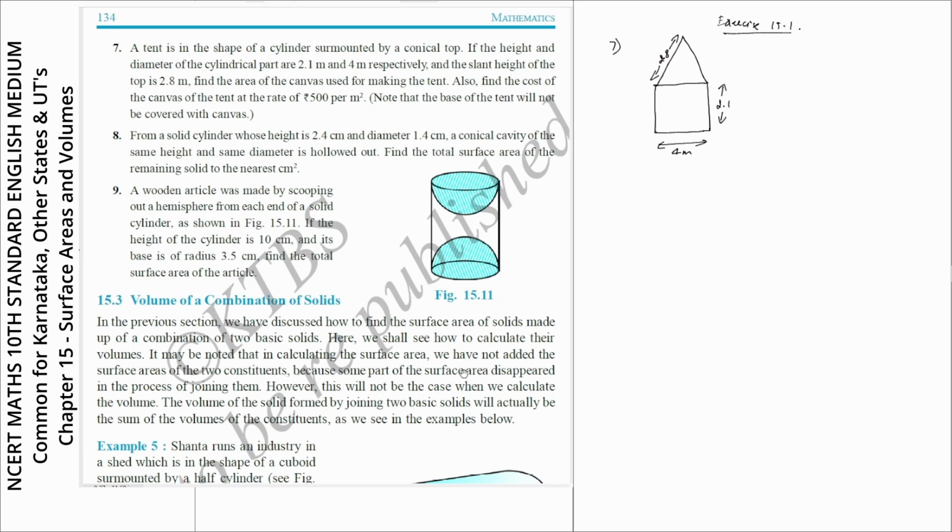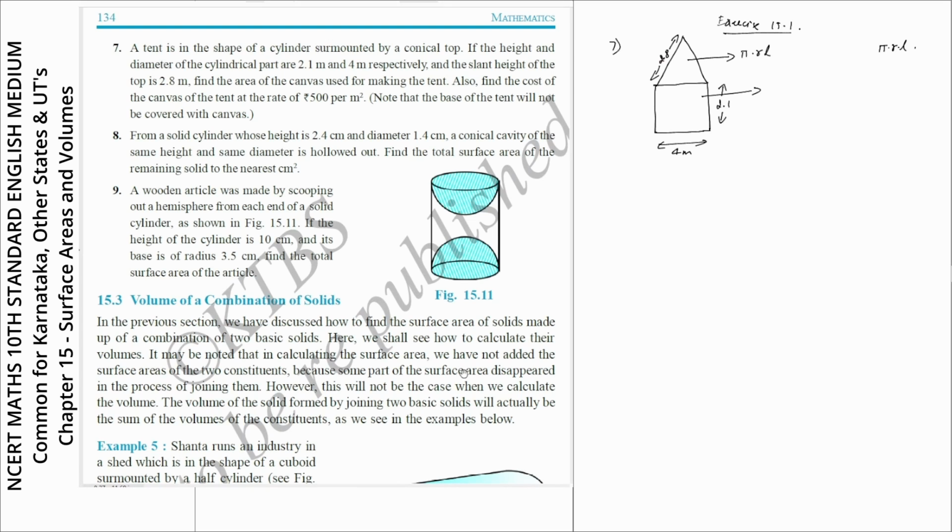Now what is the curved surface area of the cone? What is this given by? Curved surface area of the cone is given by pi r L. So here pi r L is the curved surface area of this cone, and what is the curved surface area of this cylinder?